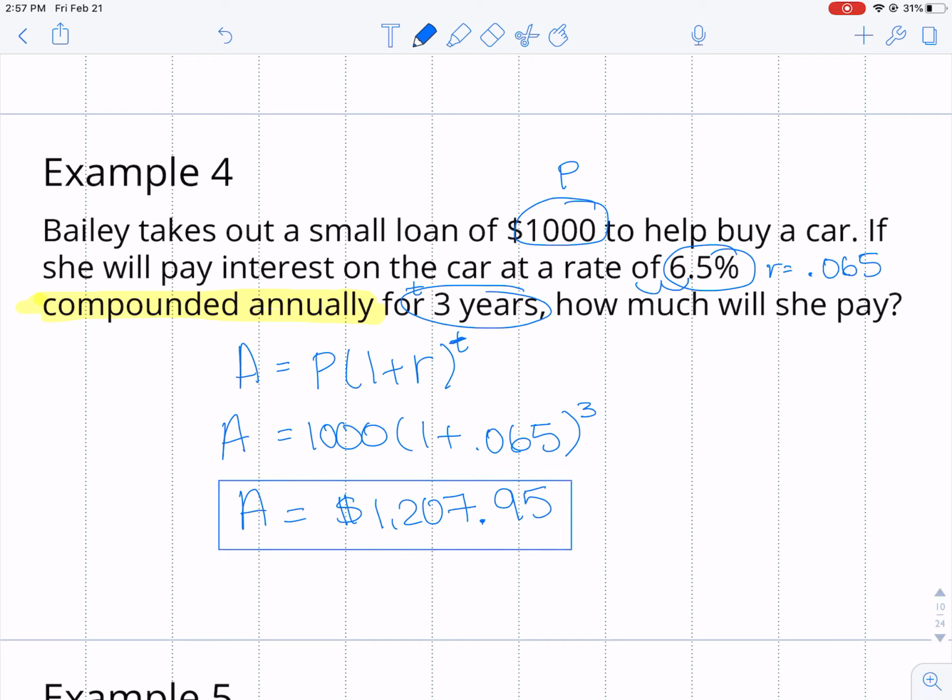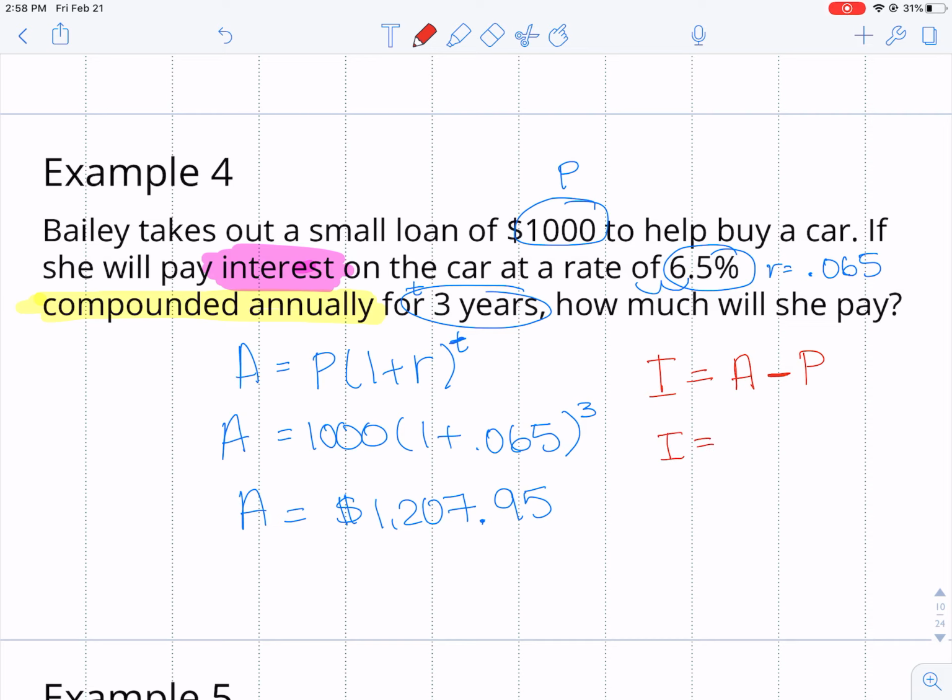Now let's see if that's our final answer. It says, how much will she pay interest? Okay, so now we actually have to do another step on this. We have to figure out the interest. But now, in order to figure out the interest from a compound interest, since it's already giving us the total amount, we would have to now subtract the principal from the total amount.